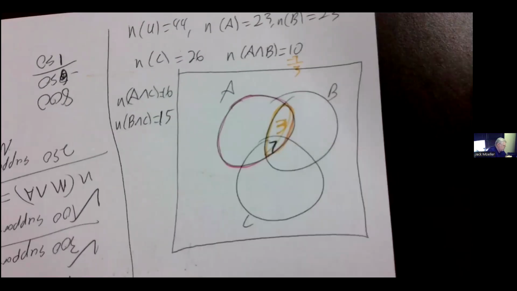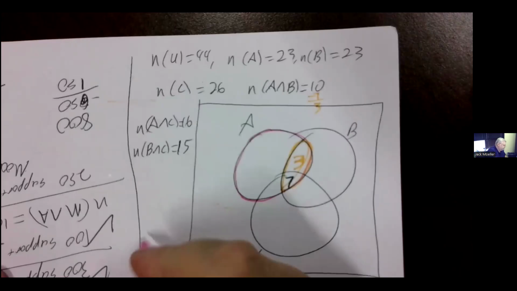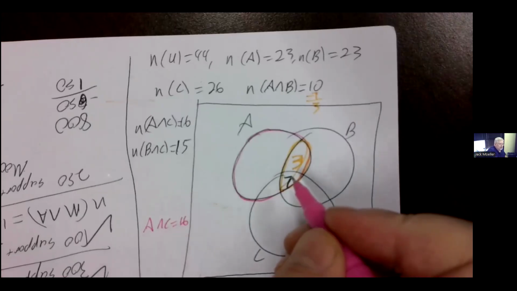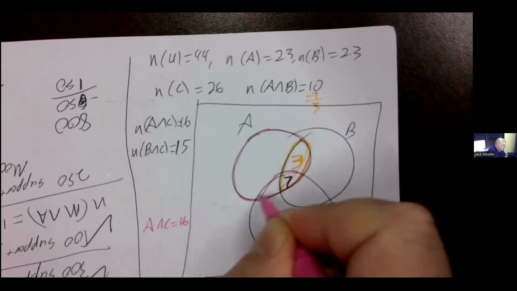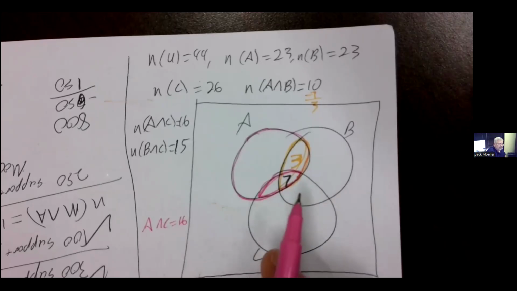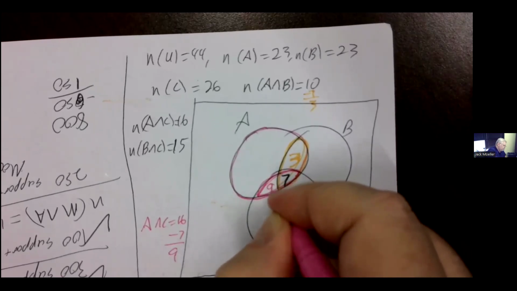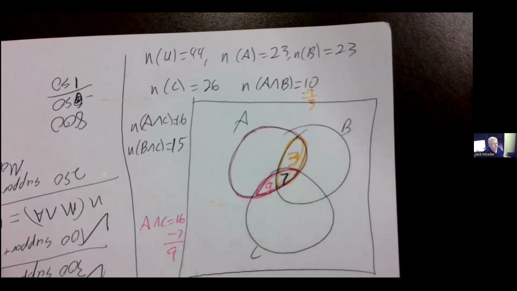Yep. So what about A intersection C is 16? Well, A intersection C is those two regions. So I need 16 elements in there. I've accounted for 7. There are 9 left. So 9 goes right there. That's good.